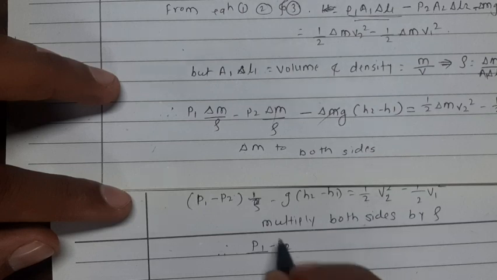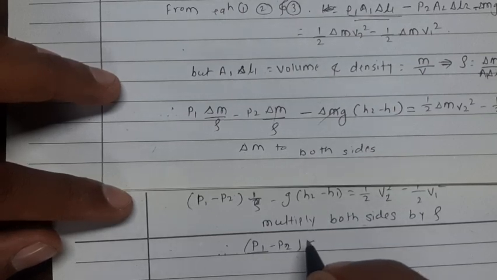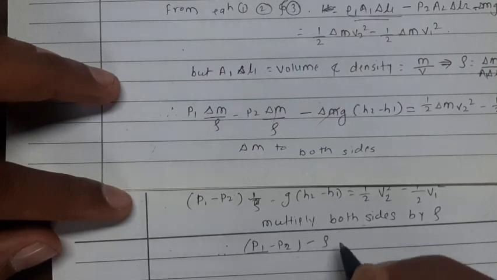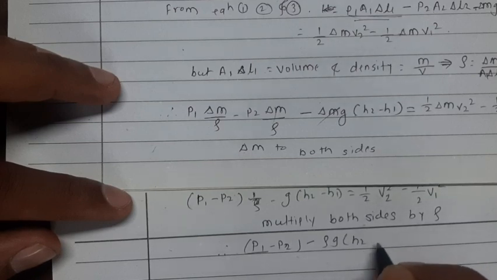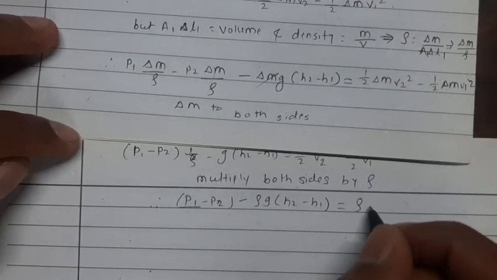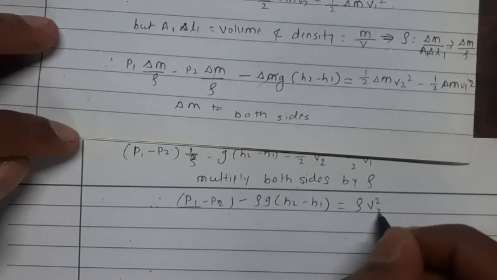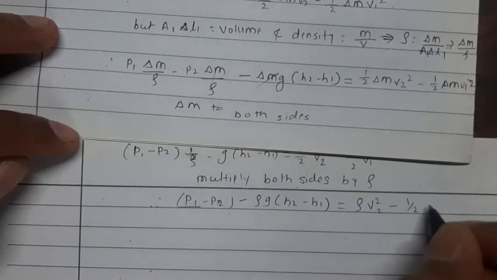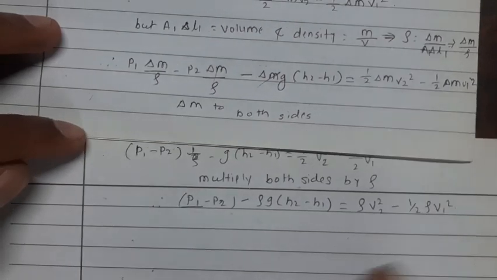The rho in the denominator and this multiplied rho will get cancelled, and it will be minus rho g into H2 minus H1. This is equal to 1/2 rho V2 square minus 1/2 rho V1 square. Okay. Now see what we will do.